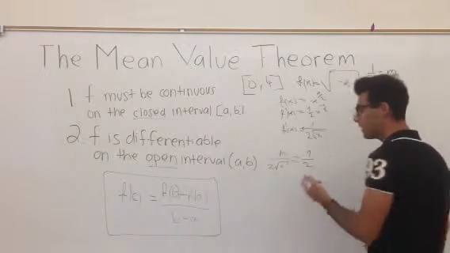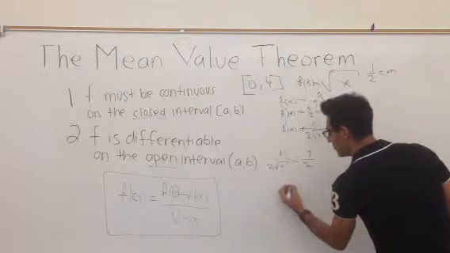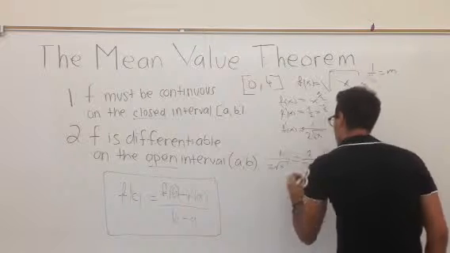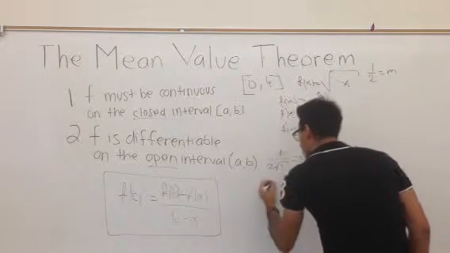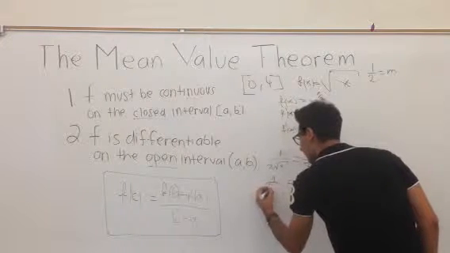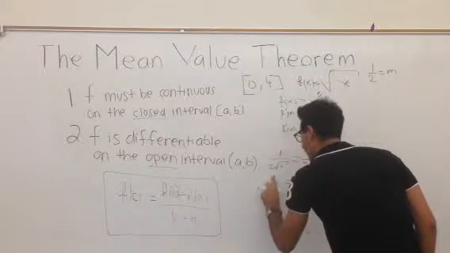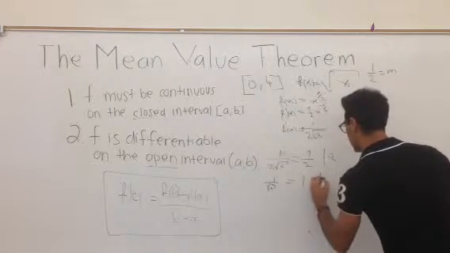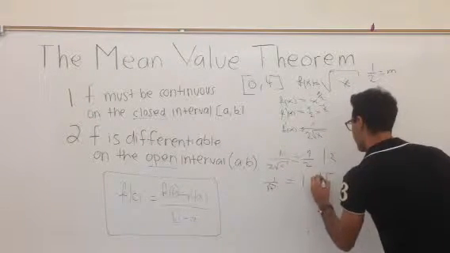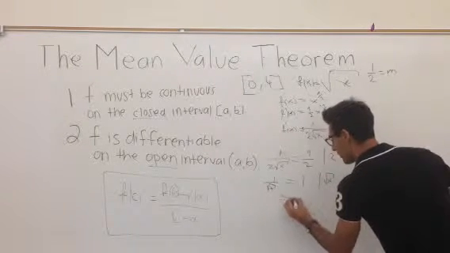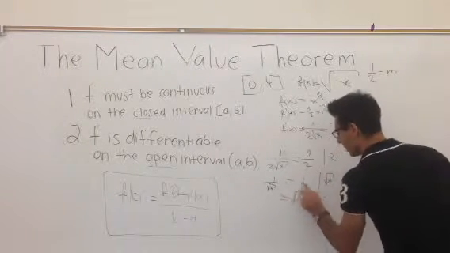So all we need to do now is solve this equation. Let's multiply by 2. We get a 1 here, and we get 1 over square root of x here. Right? Now let's multiply by square root of x. We get square root of x on this side.